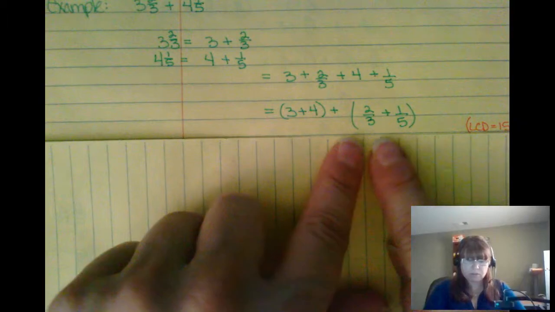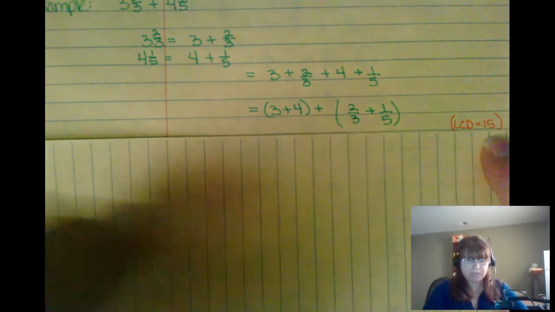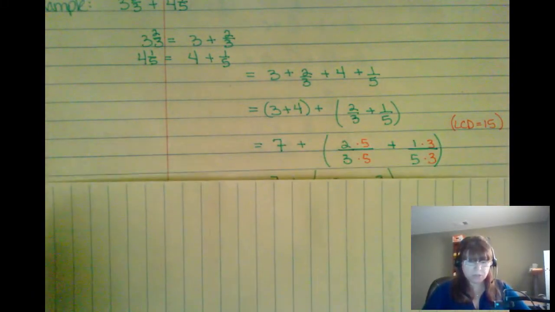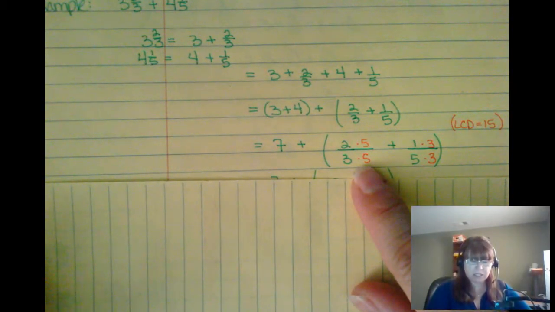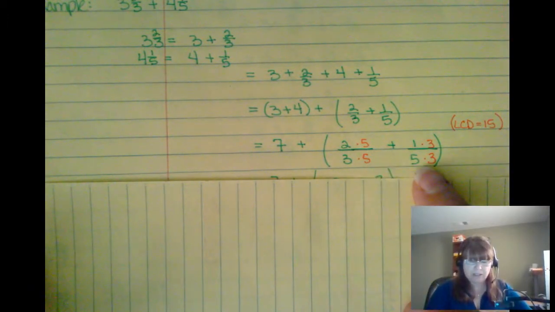But now I have to add my fraction. The lowest common denominator is 15. So I'm going to rewrite both of my fractions with the denominator as 15. What I do to the denominator, I must do to the numerator. So 3 times 5 will give me 15, so I must multiply the numerator by 5. 5 times 3 will get me 15, therefore I must multiply the numerator by 3.